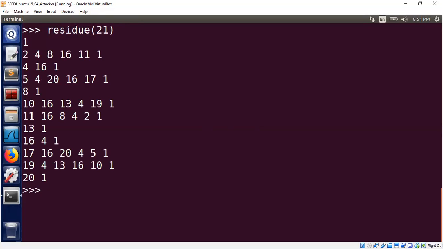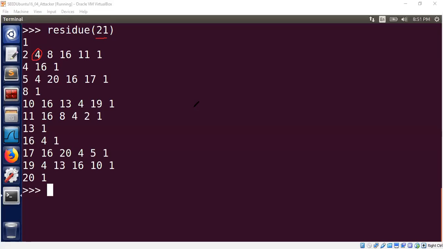By looking at the second column, we learn that the quadratic residues are 1, 4, and 16. Let's consider multiplying a quadratic residue with a non-quadratic residue. Say one number is 4. 4 is a quadratic residue because 4 can be written as 2 to the power 2, or 5 to the power 2, or 16 to the power 2, all in mod 21.